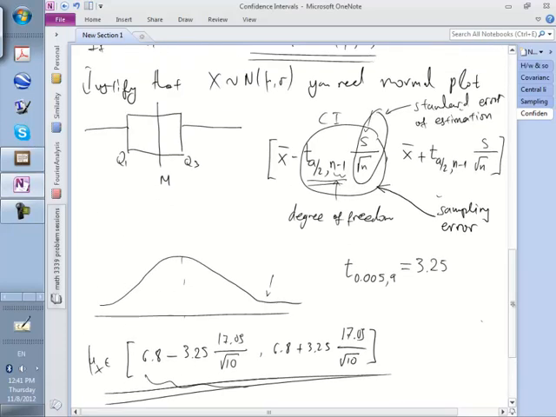That quantity is called standard error of estimation. Essentially, it's the variance or the sample standard deviation of X bar, if X bar has normal distribution.